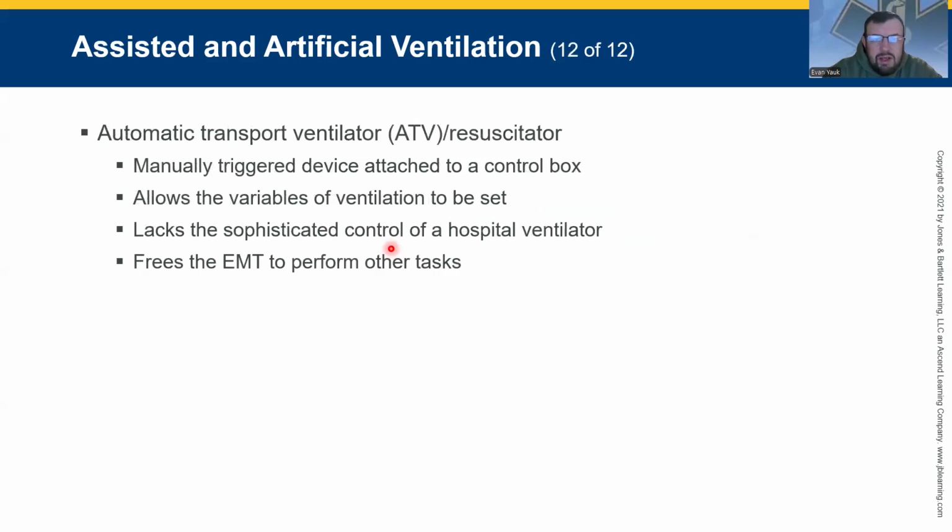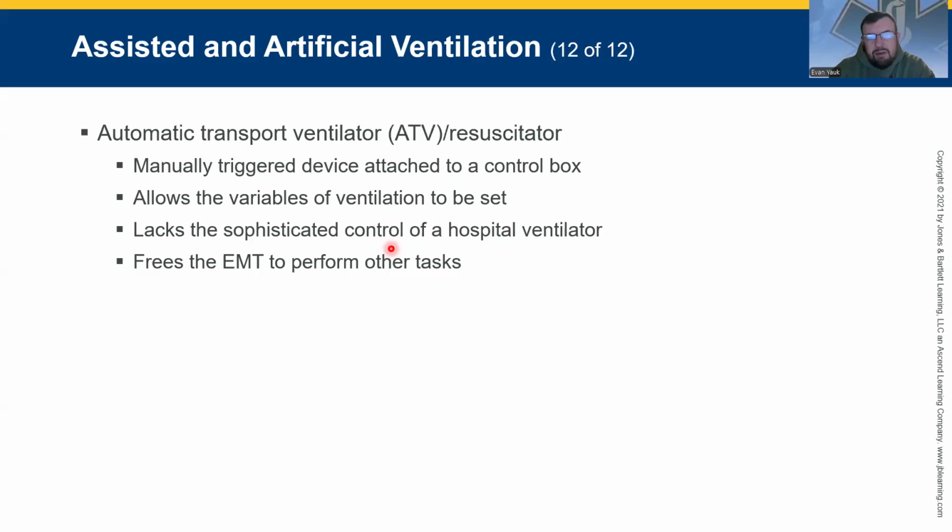Automatic transport ventilator: a manually triggered device attached to a control box that allows the variables of ventilation to be set. It lacks the finesse and control of a hospital ventilator, and frees the EMT to perform other tasks. So an automatic transport ventilator is a machine that breathes for them.